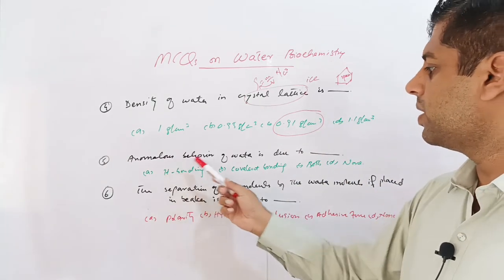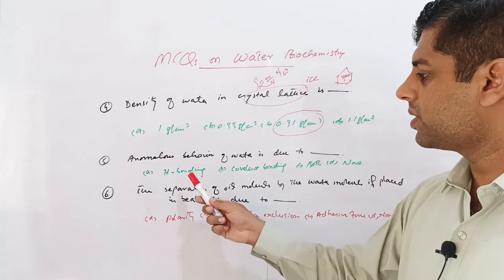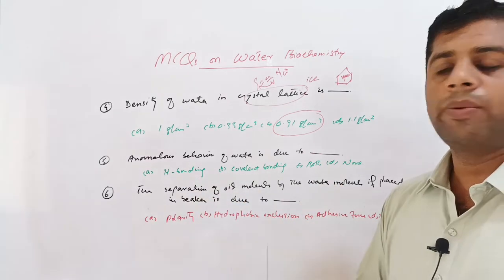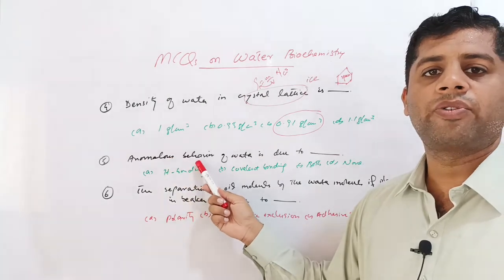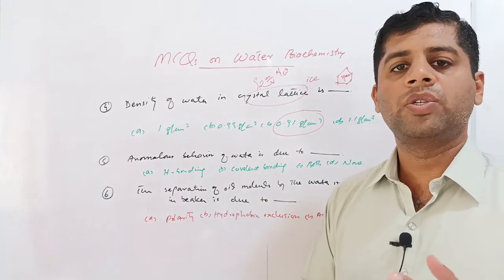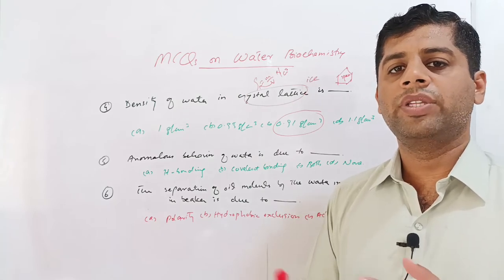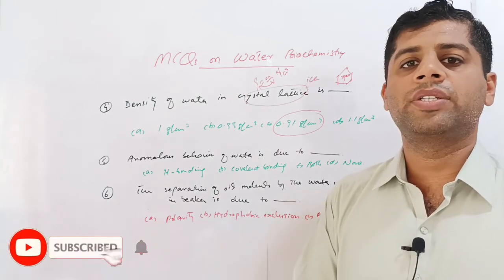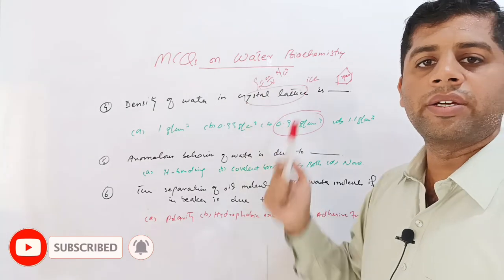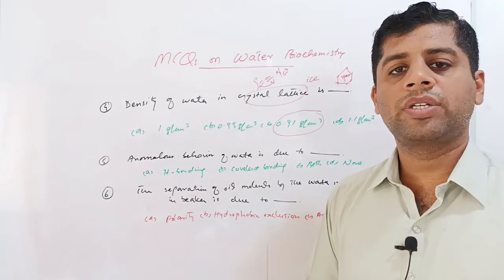The next question is: the anomalous behavior of water is due to dash. The given options are hydrogen bonding, covalent bonding, both, or none of these. Anomalous behavior is the unexpected behavior of water in which its density decreases when it comes to the solid phase. Universally, in all other liquids, when they are converted from the liquid phase to the solid phase, their volume decreases due to high intermolecular forces and the density always increases in solid phases.